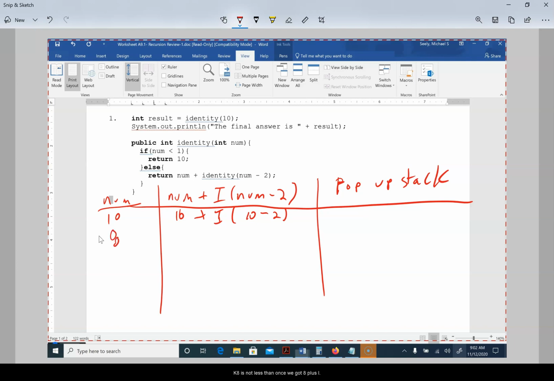Okay, 8 is not less than 1, so we got 8 plus I of 8 minus 2, which is 6. Which is 4.